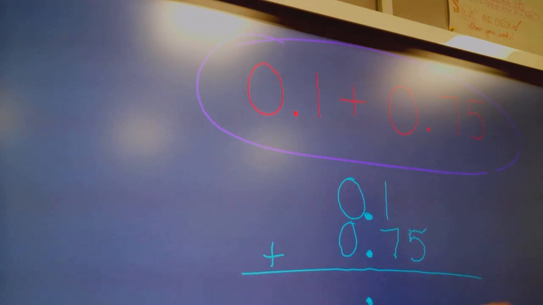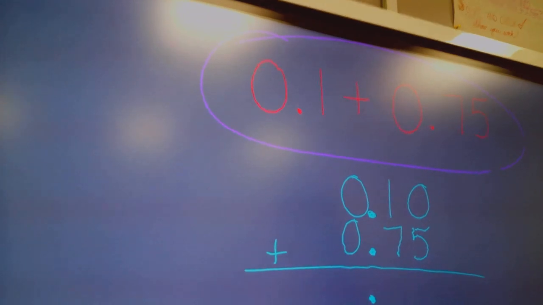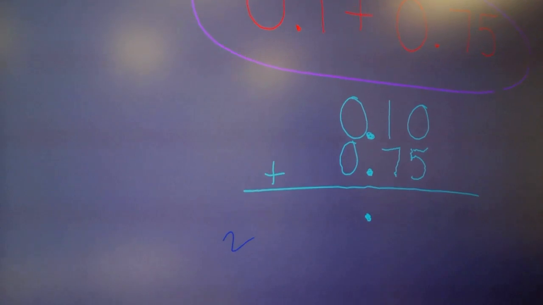Now, I want you to notice, do I have anything here? No. So I don't have anything here. If there's nothing there, what's actually there? A 0. So I can annex that 0 and fill that on in. Because remember, 0 means nothing, and there was nothing there.